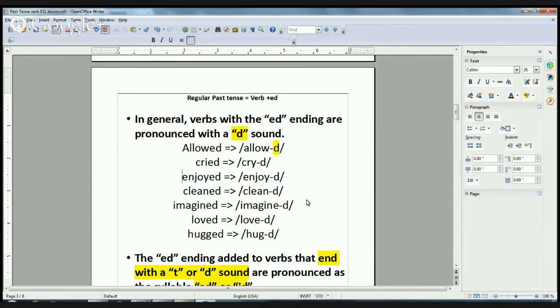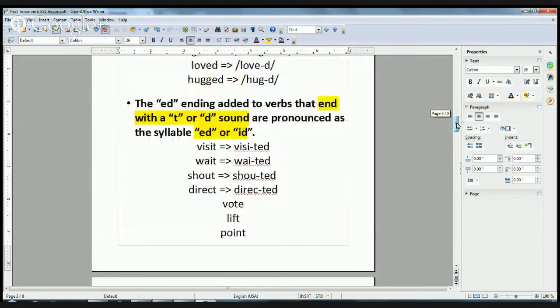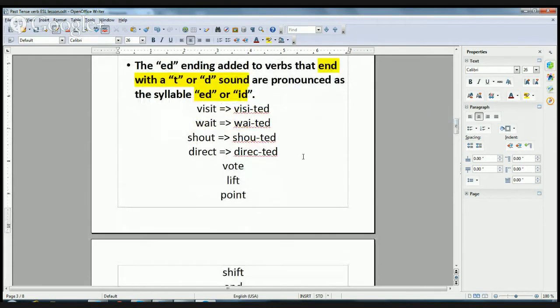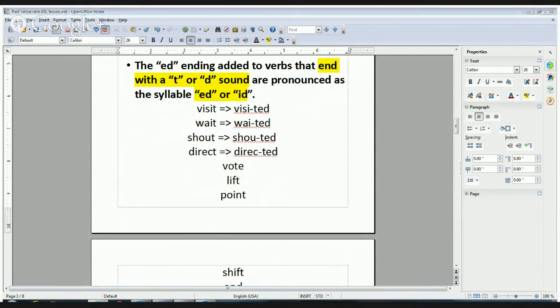All right, this is always an exception. Let's take our second paragraph there. Now listen carefully. It says, the ed ending added to verbs that end with a T or D sound are pronounced as the syllable ed or id.